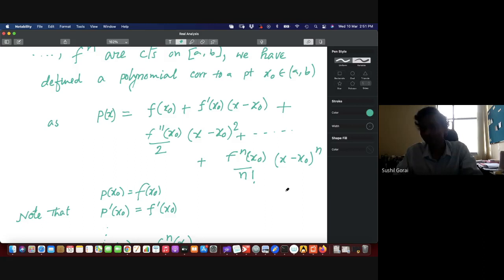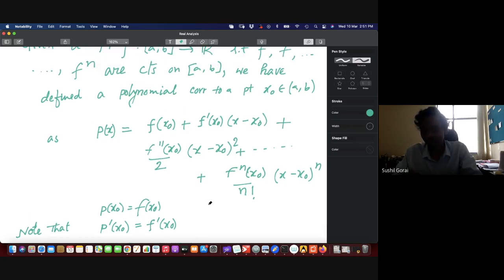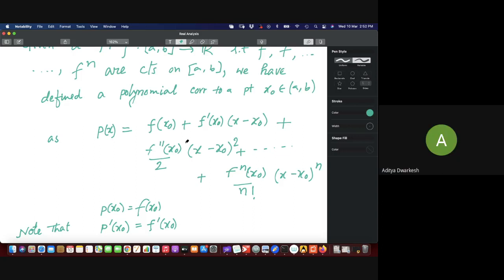Or you add some higher order x minus x naught term; that will also approximate. But the standard way to construct one is this one, where the derivatives will also match. If you match the derivative, then the polynomial is unique. So there will be arbitrarily many which are arbitrarily close.